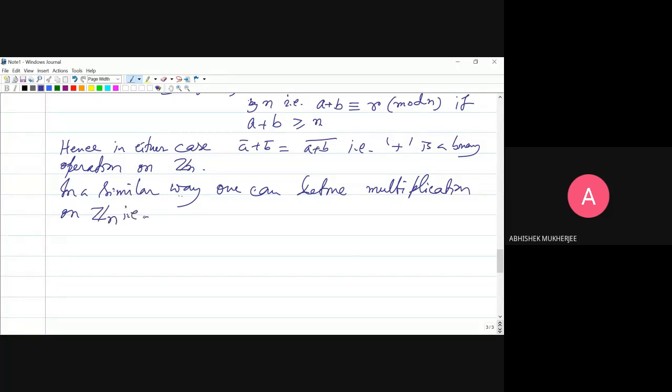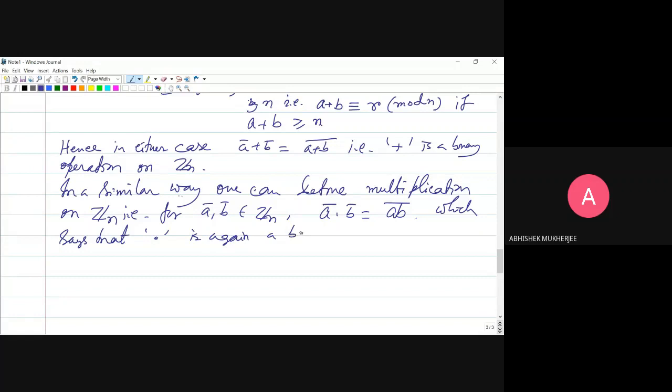I don't want to define it again; I leave this as an exercise to you. That is, for a class, b class belonging to Zn, a class dot b class equals ab class. And this multiplication says that this dot is again a binary operation on Zn.